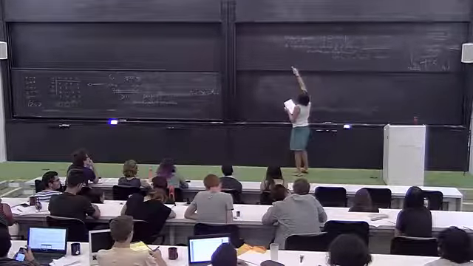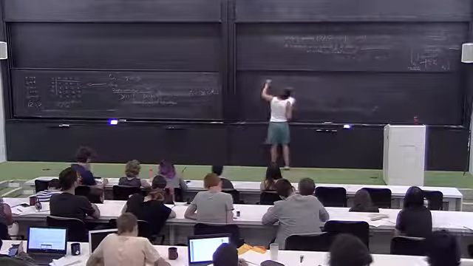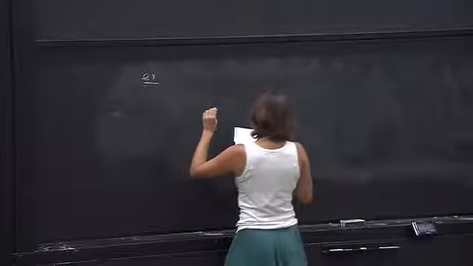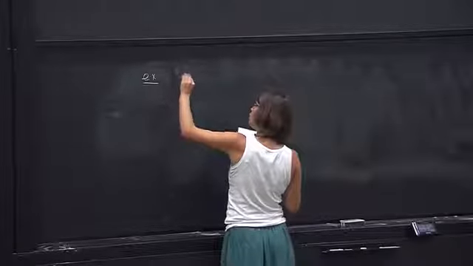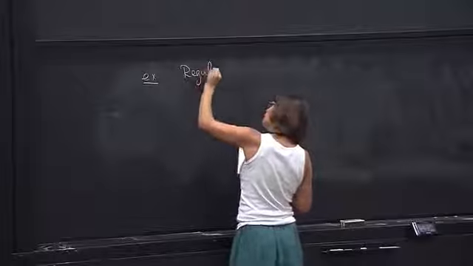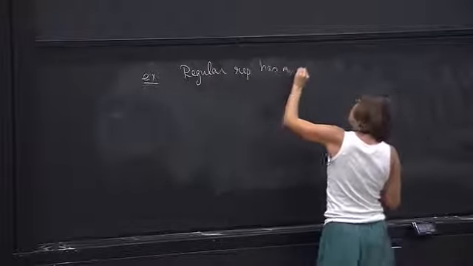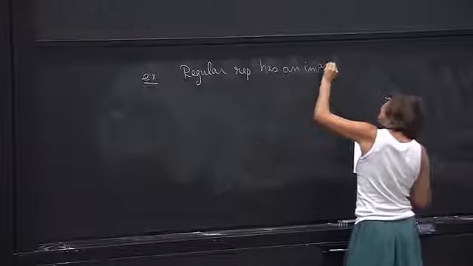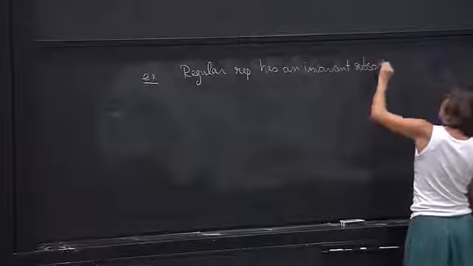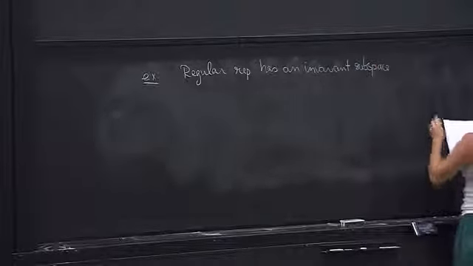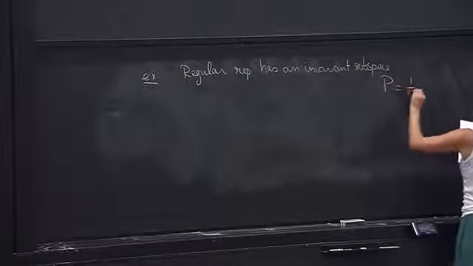You consider this regular representation of C4, and this regular representation has an invariant subspace projected on by the projector defined here.